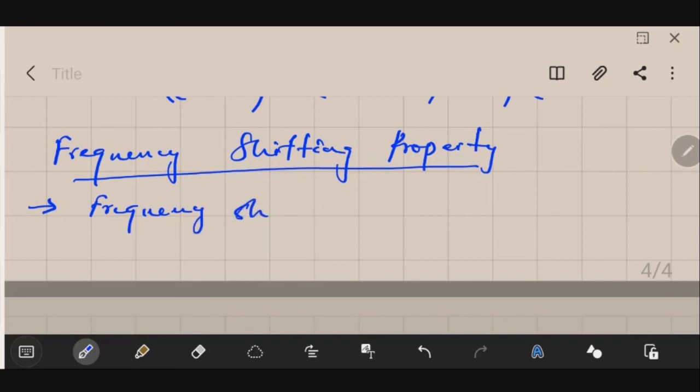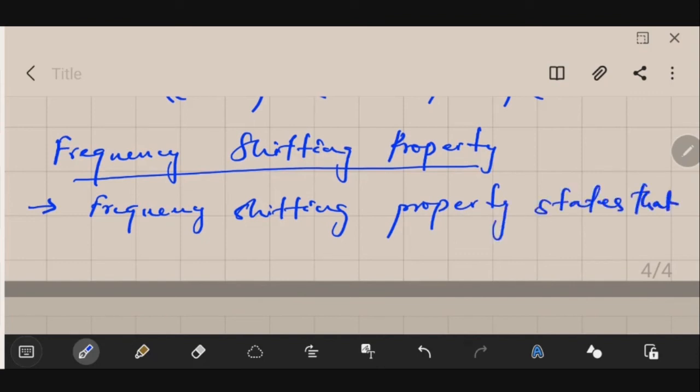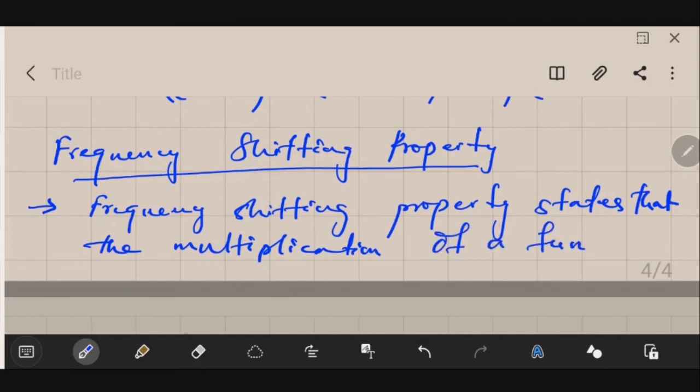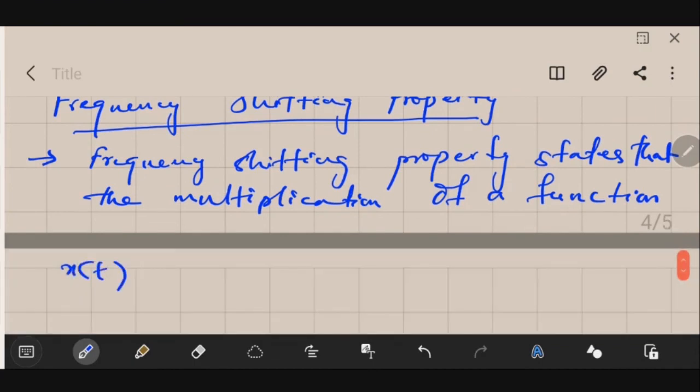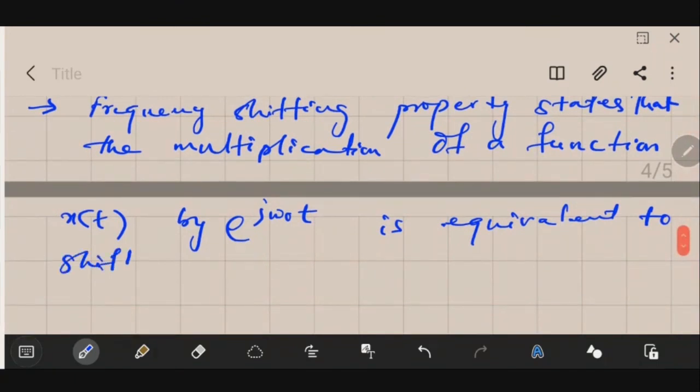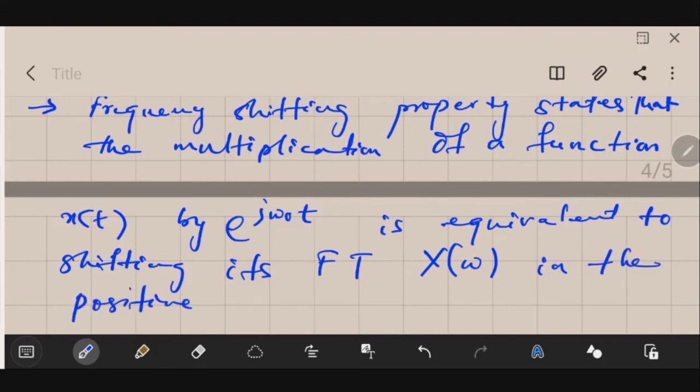So the frequency shifting property states that the multiplication of a function x of t by e to the power j omega 0 t is equivalent to shifting its Fourier transform, FT in short, X of omega, in the positive direction by an amount omega 0.